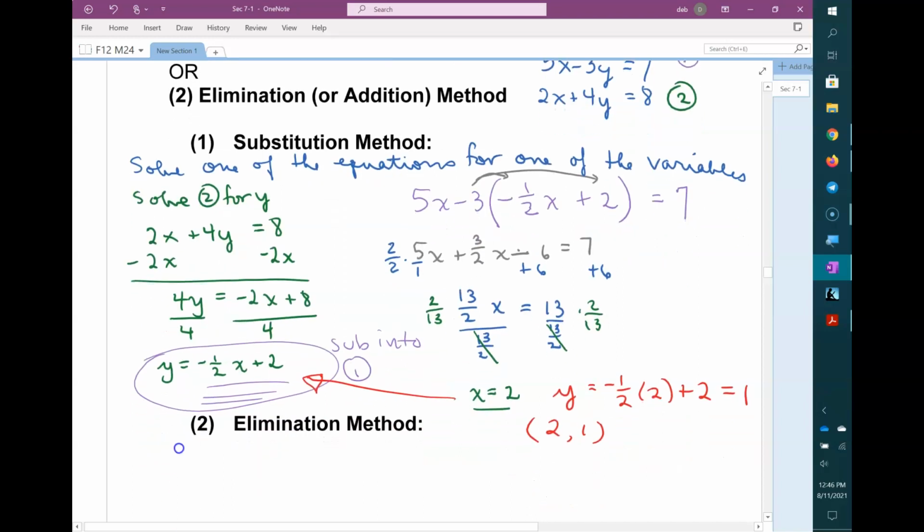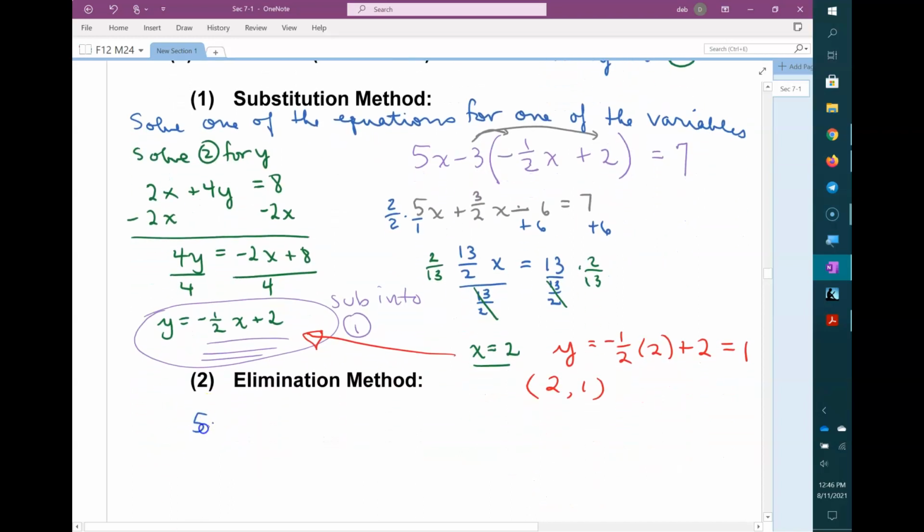So then let's look at the elimination method, where I have 5x minus 3y equals 7 and 2x plus 4y equals 8. Make sure everything's lined up in this method, that you have the x's above x's and the y's above y's and the numbers together on one side of the equals. What you want to do is have the same number for a coefficient on one of the letters, but the opposite value.